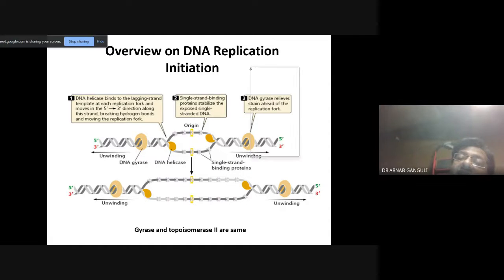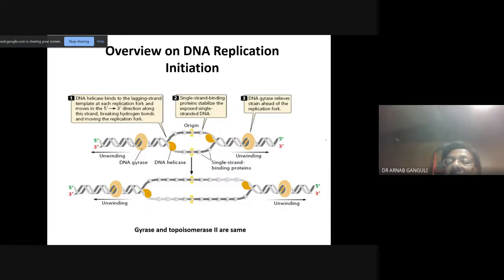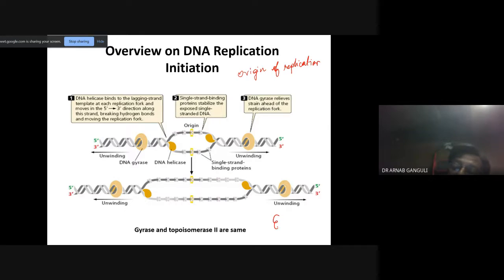There will always be an origin of replication. Normally in prokaryotes, the DNA is circular.